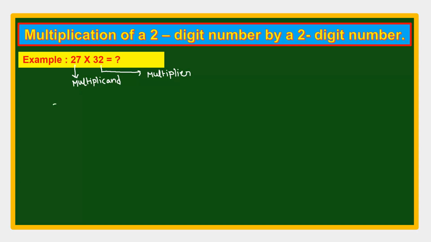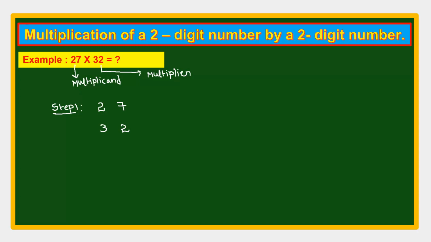So first, step 1, we have to write like this: 27 and 32. First what we have to do? We have to multiply the unit digit of the multiplicand, that is 7, with the unit digit of the multiplier.